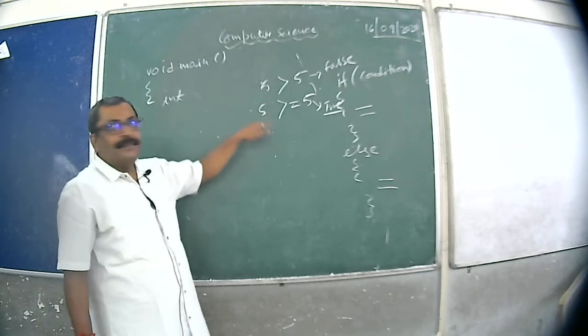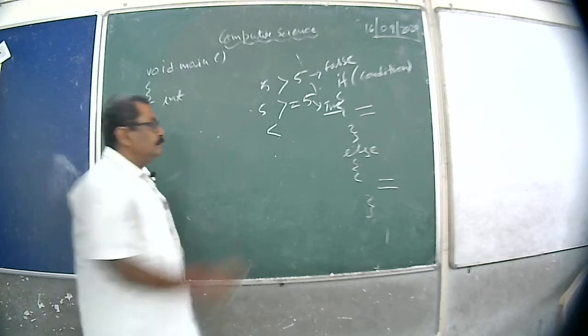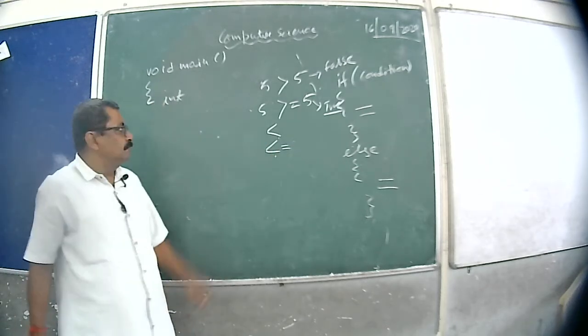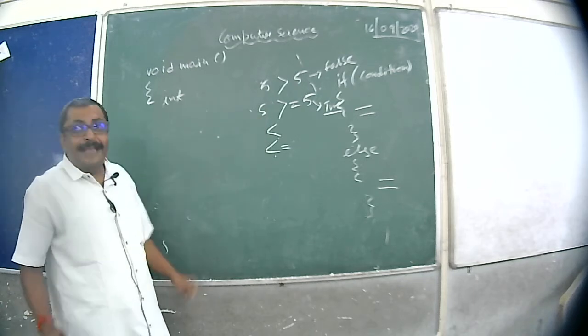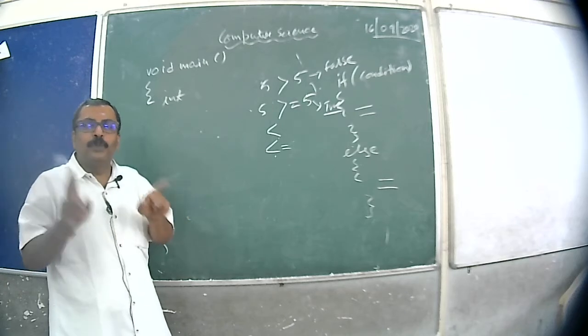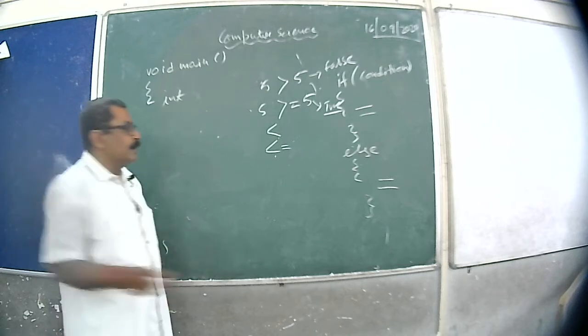So, you can implement whichever operator is required: greater than or equal to, less than or equal to. Next, equal to. If you want to compare two numbers to check that both are equal, then the double equal to symbol is required.